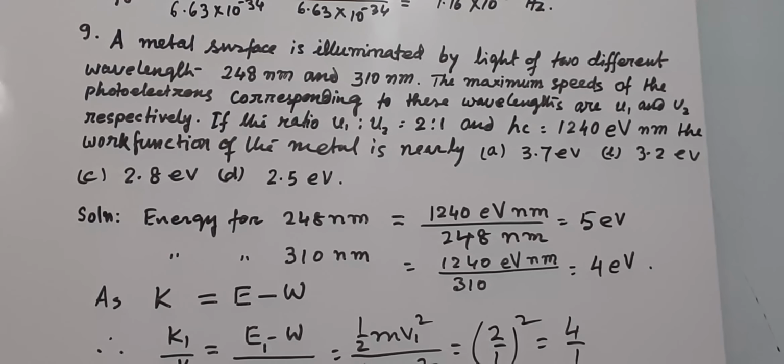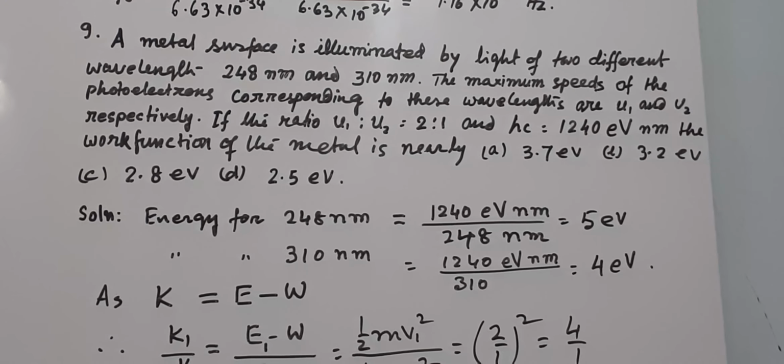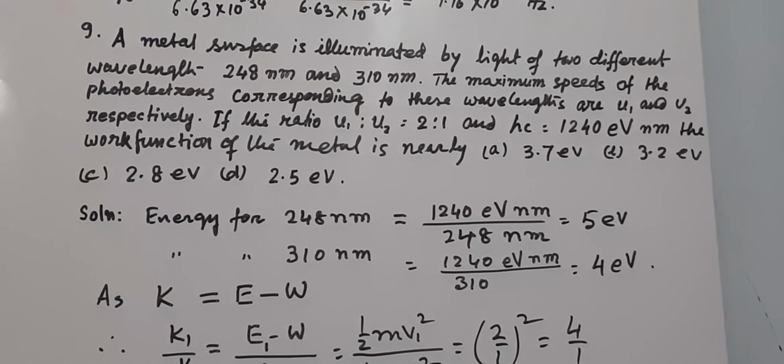Next question, a metal sphere is illuminated by light of two different wavelengths, 248 nanometer, 310 nanometer. Metal is same metal. The maximum speed of the photoelectrons corresponding to these wavelengths are U1 and U2.